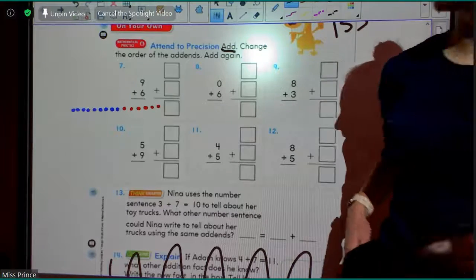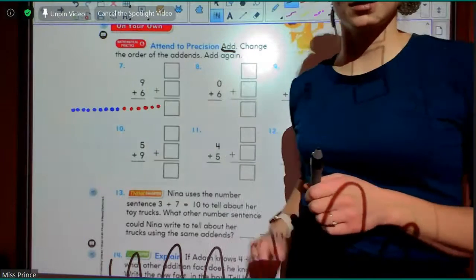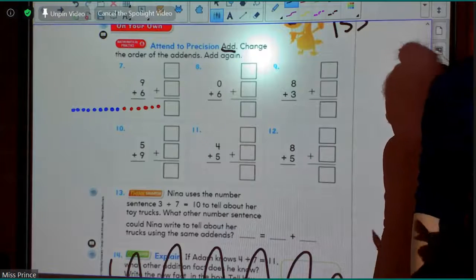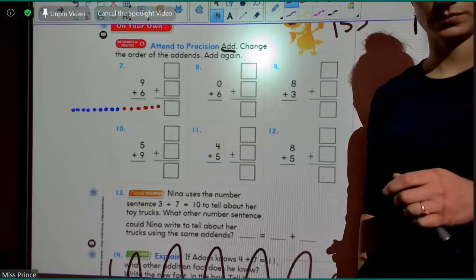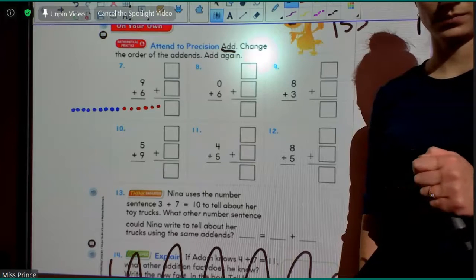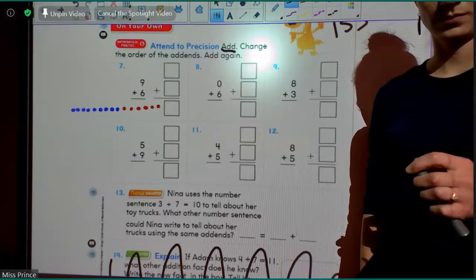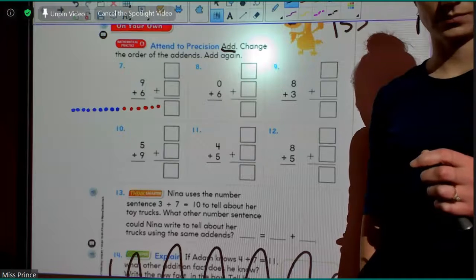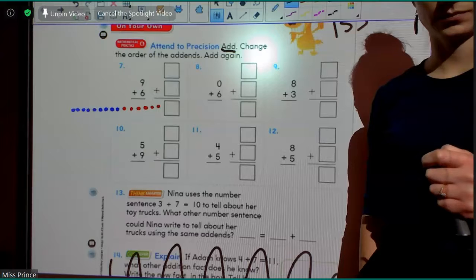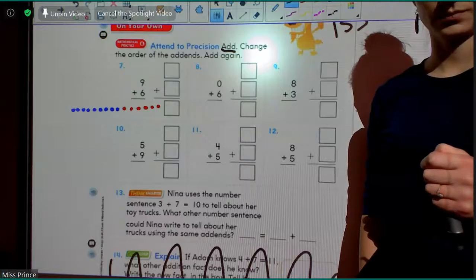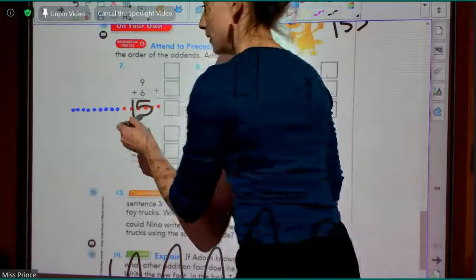Add all of these up and tell me how many we have. 9 plus 6. 15. 15, good job.